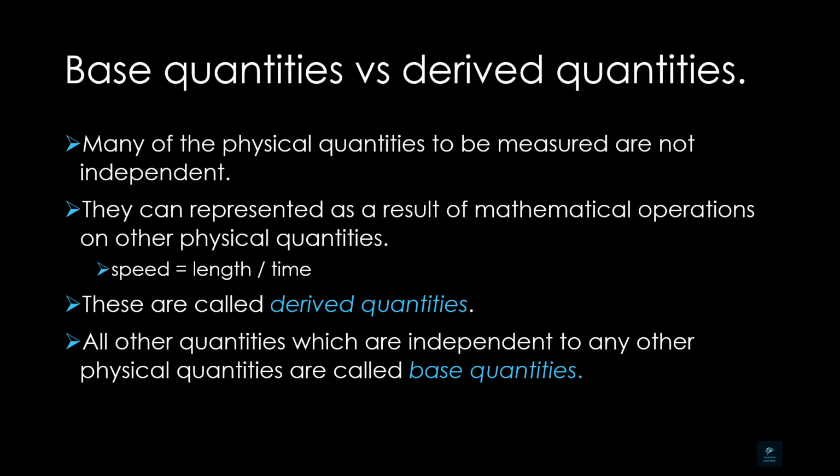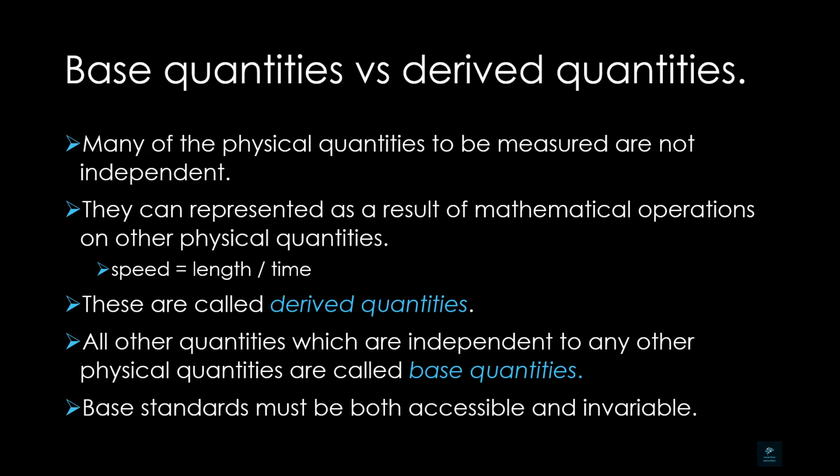All other physical quantities which are independent of any other physical quantities are called base quantities. Base standards must be both accessible and invariable. Accessible means it should be available to all the scientists, and invariable means its value should not change with location.